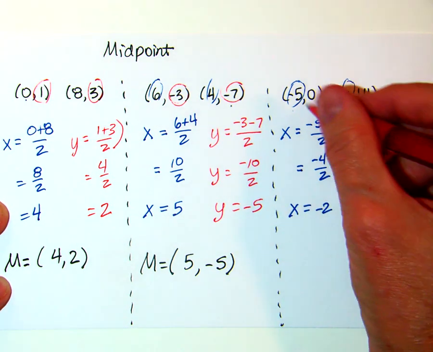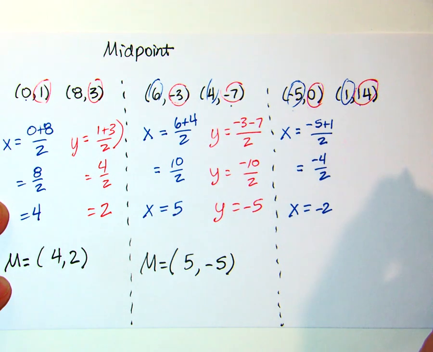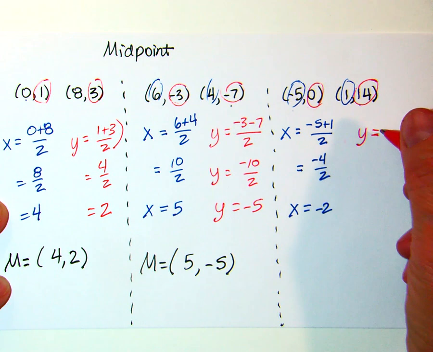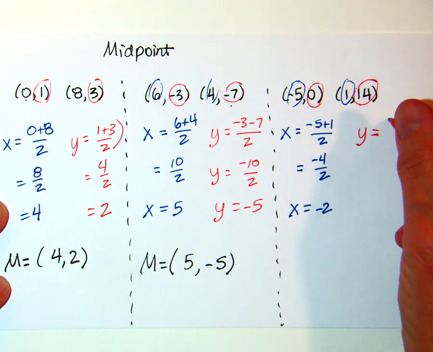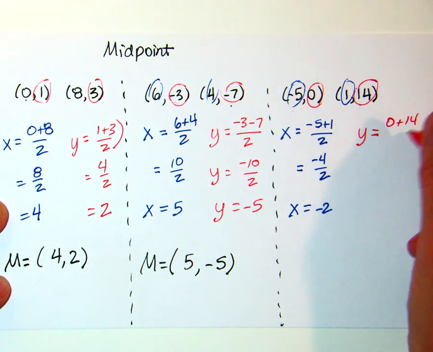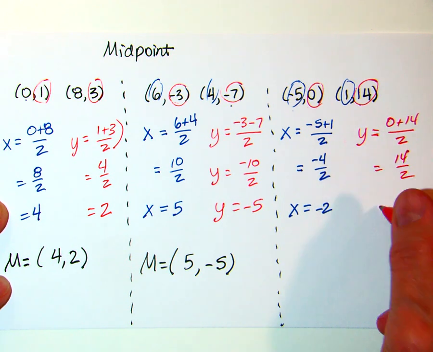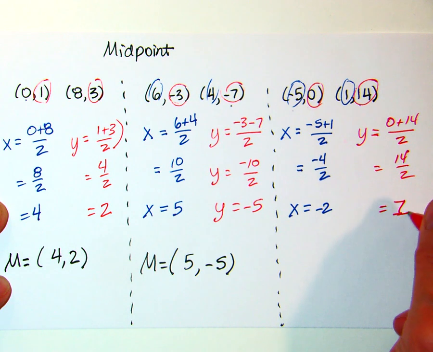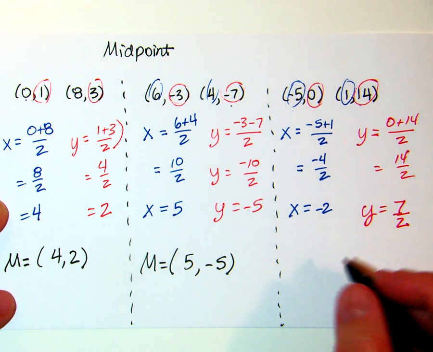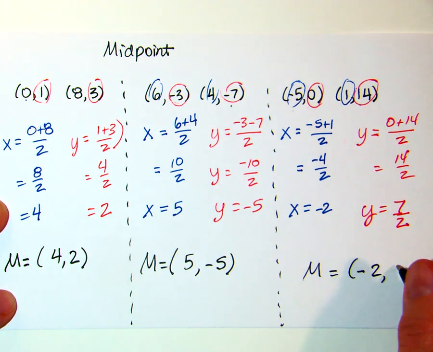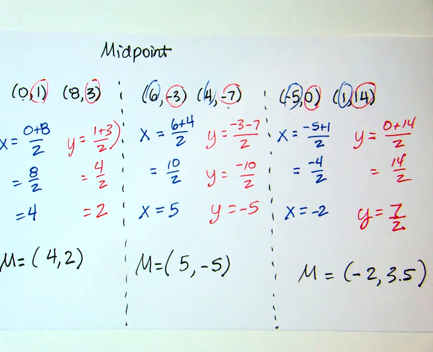The y value of the midpoint will be the average of the y values of the points, or 14 over 2, or 7 over 2. Okay? So the y value is 7 over 2, or 3.5, doesn't matter which one you put. Okay? So we got that.